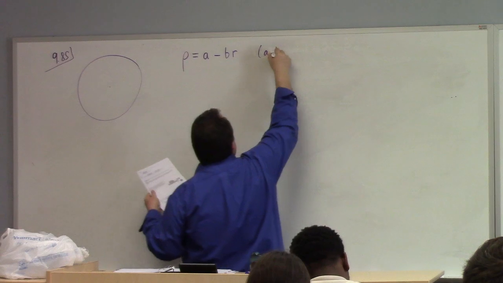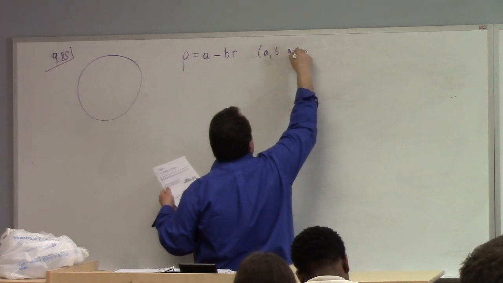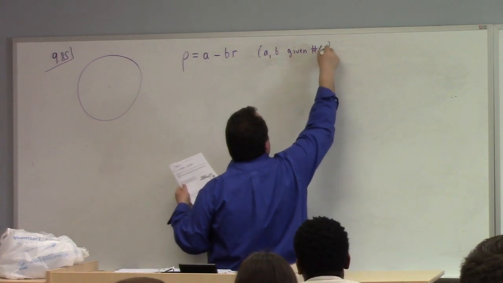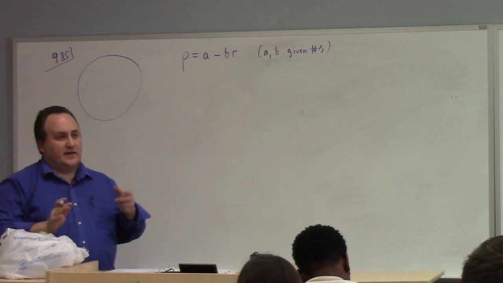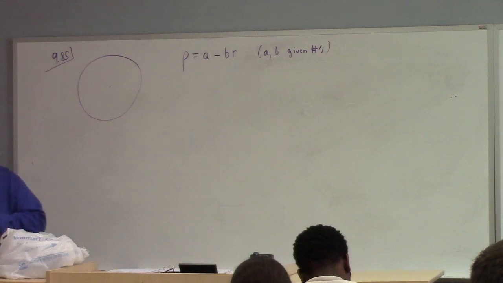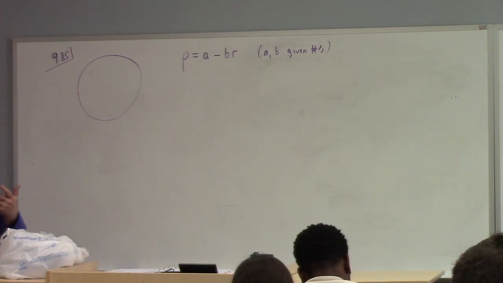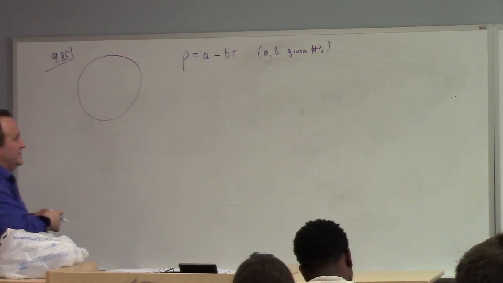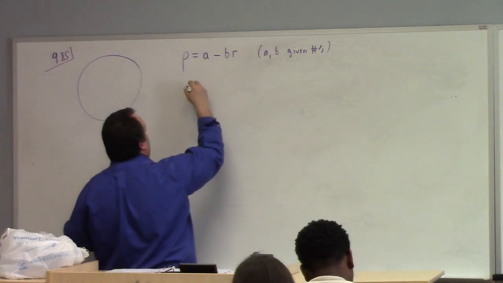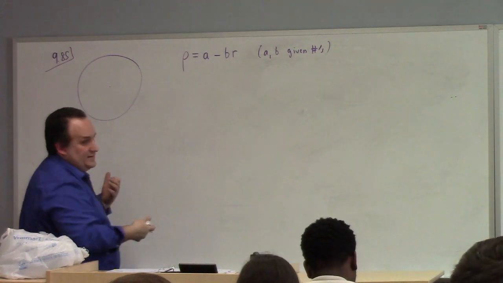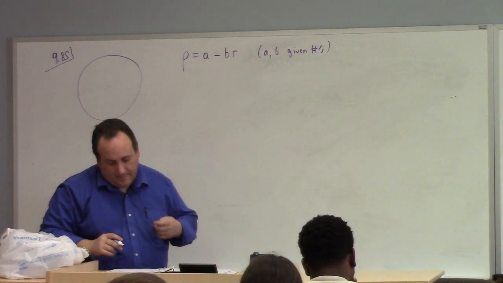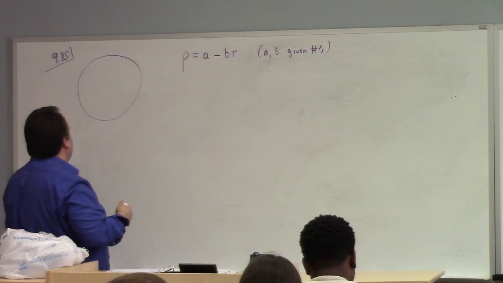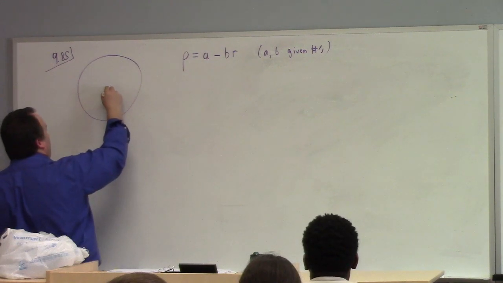Here, A and B are given numbers in your problem, okay? And the question asks two things, the first of which I think you all will get without me helping you, but I'll help you anyway, which is to calculate the mass, all right, and the total radius is also given.